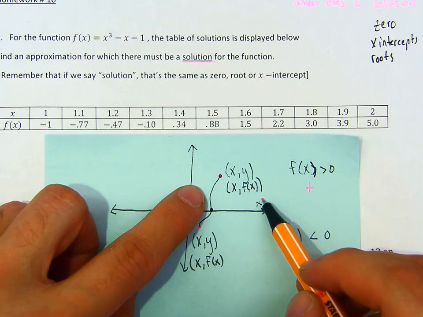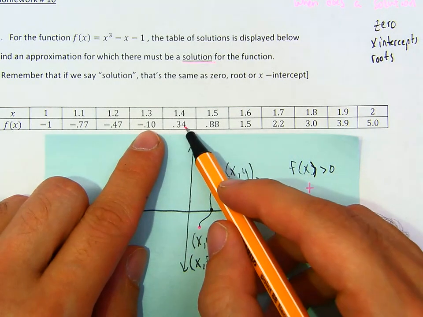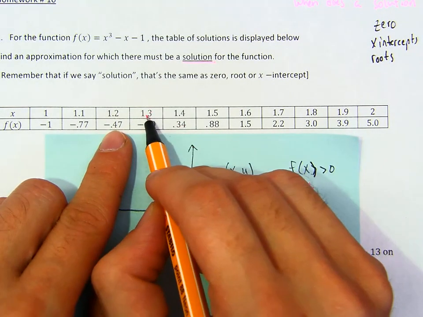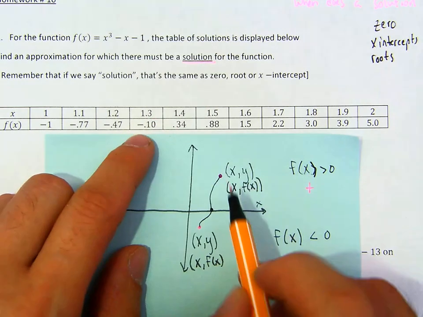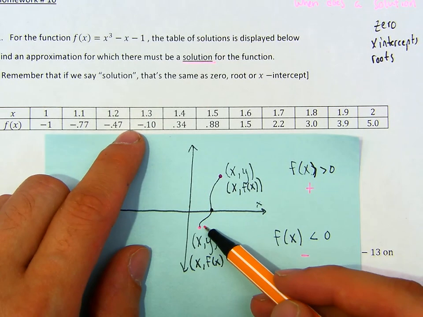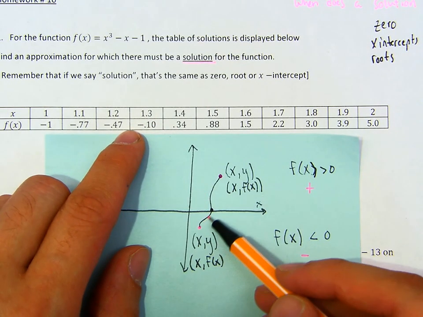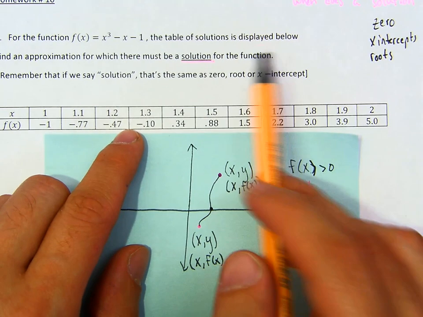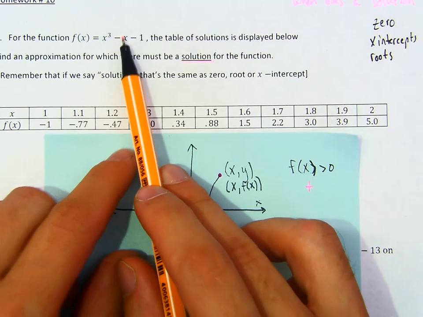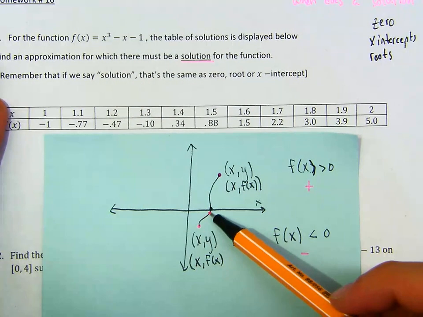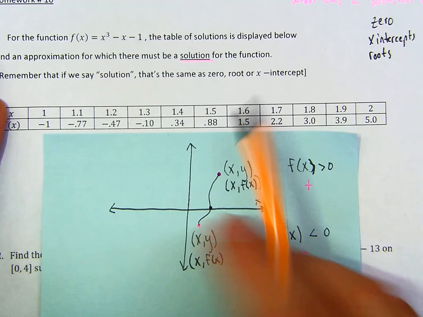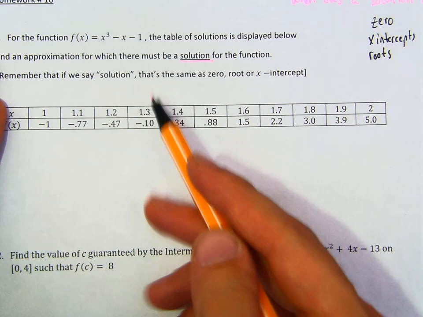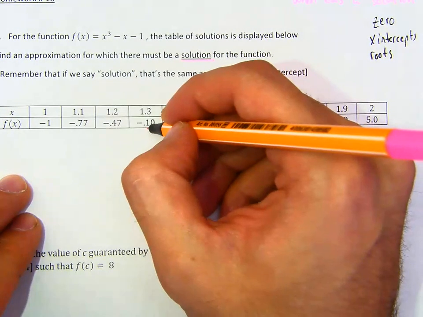These values are above the x-axis. So there has to be a solution somewhere between 1.3 and 1.4 because it changes from negative to positive, and you know that the function is continuous, okay? Because this function is continuous, you know it has to eventually hit it, okay? And that is the solution for this one, that's between here.